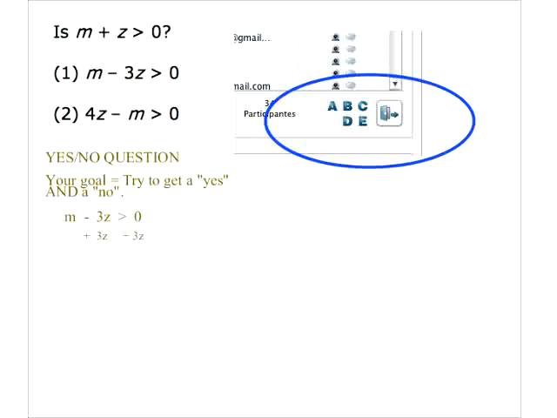You can get this as a takeaway from this part of the exercise: if you have a difference that's positive or negative, a difference meaning two numbers subtracted, then move one term over to the other side and make it not a difference anymore. So m is greater than 3z.